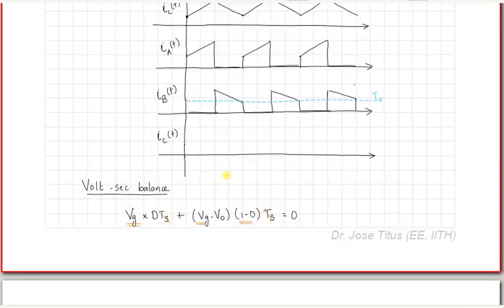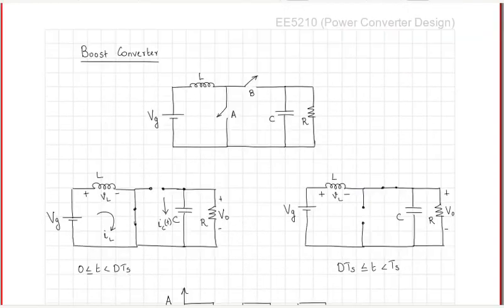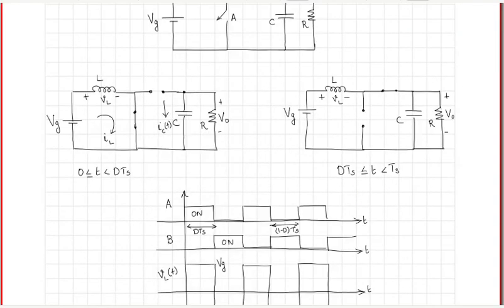So we can draw this waveform like this, where this value is minus of I0. And when the switch A is open, then you see that the capacitor current is the difference between the inductor current and the output current.